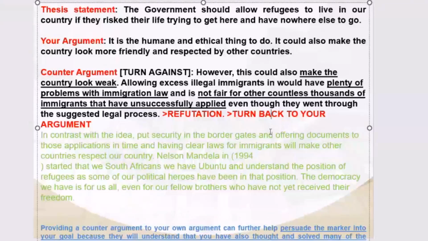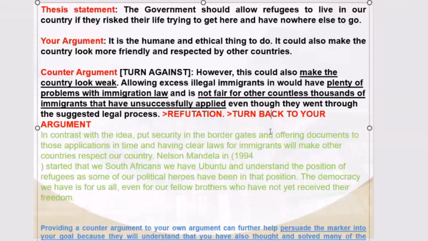Those who hold a different view say it would make the country look weak, allowing illegal immigrants in would have plenty of problems with immigration law, and it is not fair for other countless thousands of immigrants that have unsuccessfully applied, even though they went through the suggested legal process.